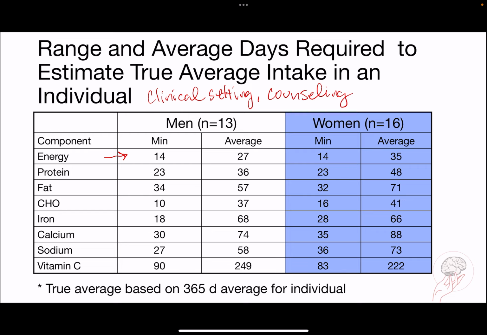And it goes up from there. For our macronutrients, anywhere from a week to a month. For our minerals, again, around a month. For vitamin C for an individual, we need at least 3 months of data.